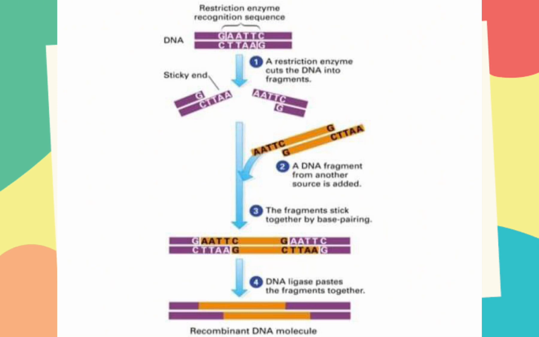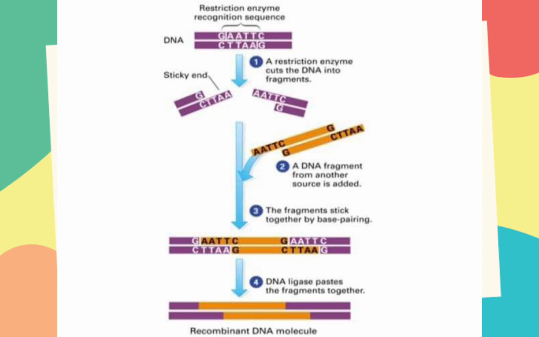The ends of these fragments can have specific overhangs known as sticky ends or blunt ends, depending on the type of restriction enzyme. This ability of restriction enzymes to cut DNA at precise locations is crucial in various molecular biology techniques such as creating recombinant DNA molecules, gene cloning, and genetic engineering.